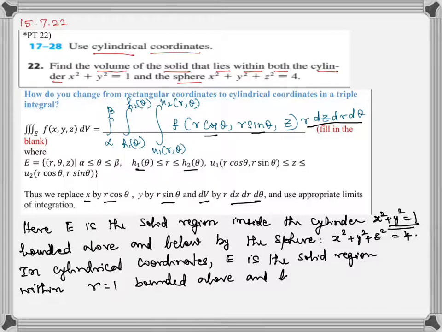So in cylindrical coordinates, the cylinder becomes r equal to 1, bounded above and below by the upper sphere and the lower sphere. If you isolate the z, it's the square root of 4 minus x squared minus y squared. So it is the square root of 4 minus r squared above, and below it is z equal to negative square root of 4 minus r squared.